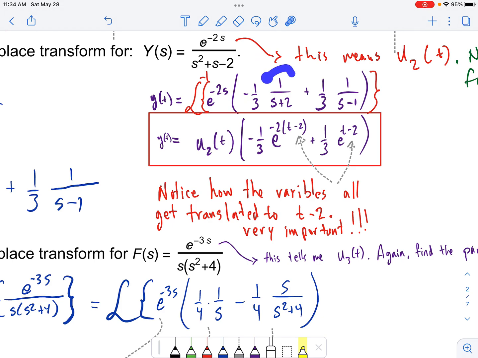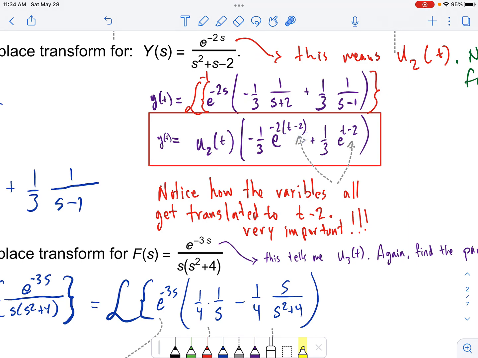This 1 over s plus 2 comes from an e to the negative 2t, but wait a second, it's just not e to the negative 2t. I need my t's to also be shifted by that t minus 2. So it's e to the negative 2 times t minus 2.